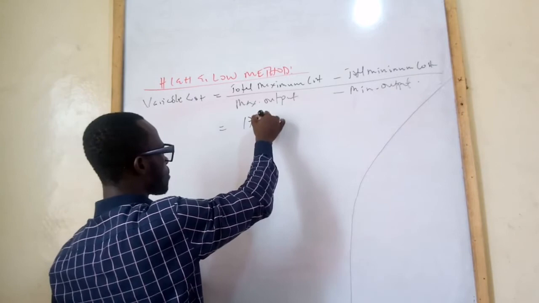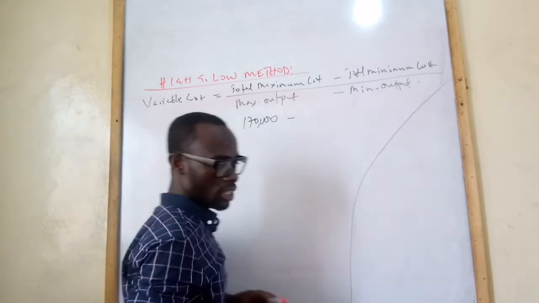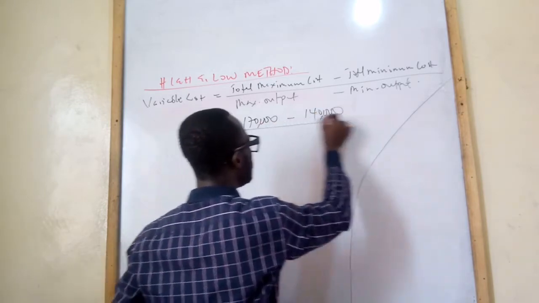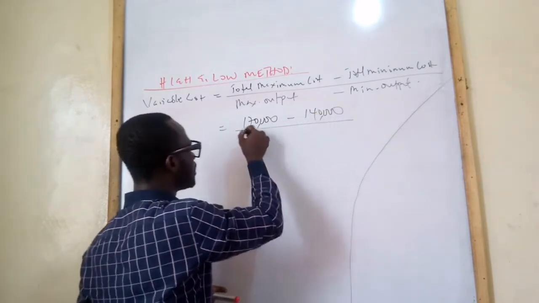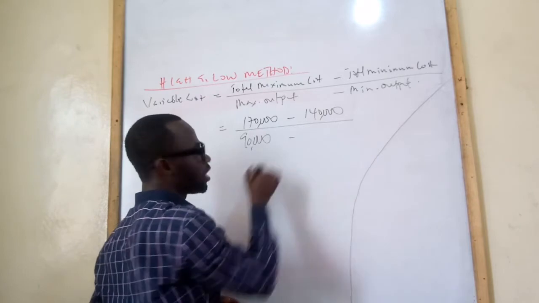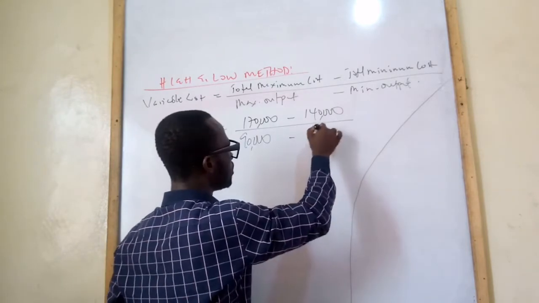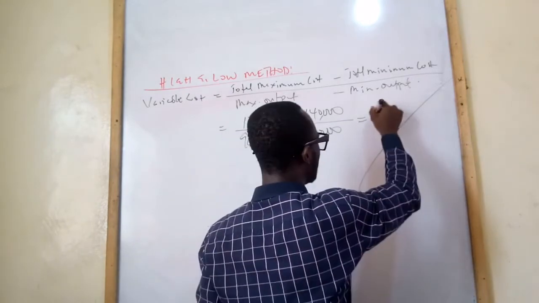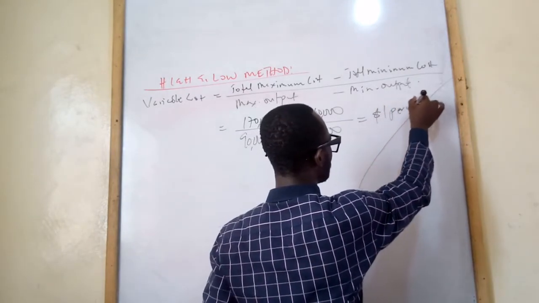So once we have these preambles, our total maximum cost is $170,000. Then the minimum is 140,000, divided by the output, 90,000 for the maximum and then 60,000 for the minimum.